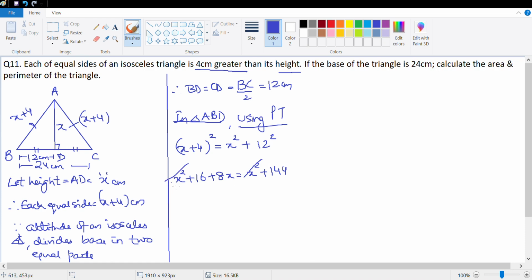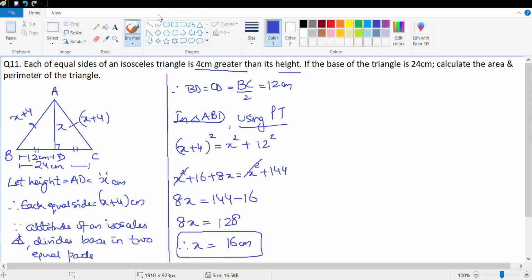X square gets cancelled on both sides, which means I have 8x is equal to 144 minus 16. 8x is equal to 128. Therefore x is equal to 16. So x is equal to 16 centimeter.